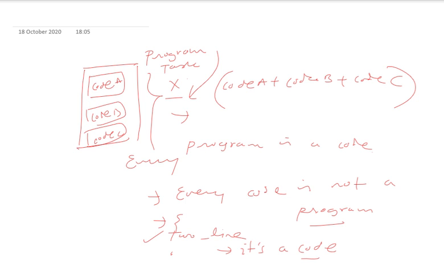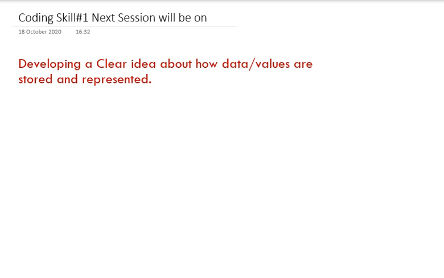Skill number 1, we'll start learning in the next session. In the next video I'll demonstrate how you can develop the skill of storing data and accessing data. What is the variable concept? We need the variable construct, constants, and data types.